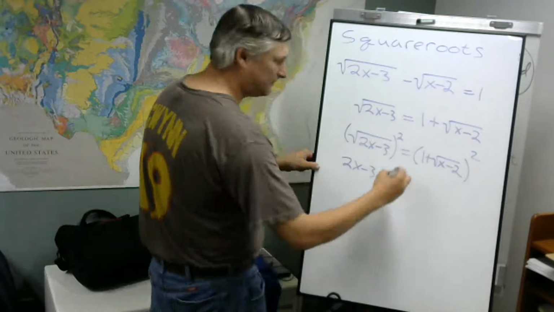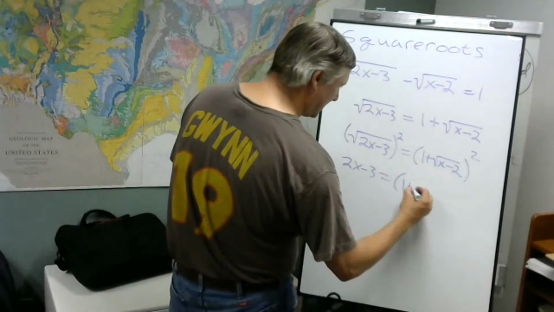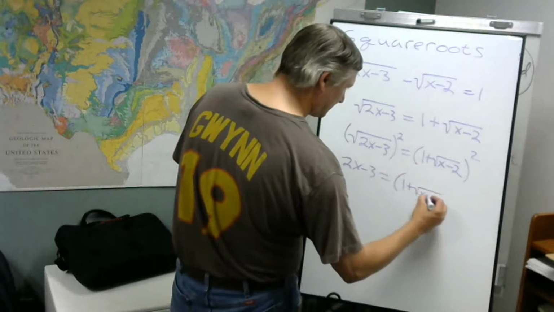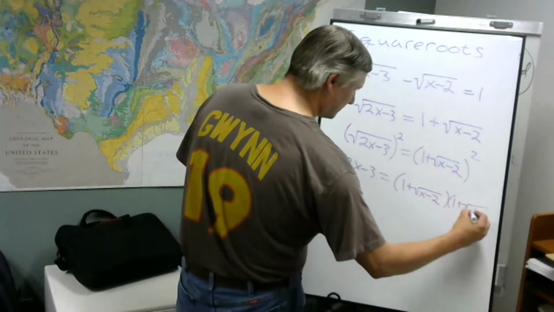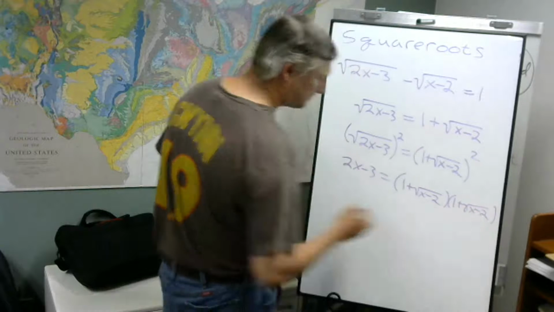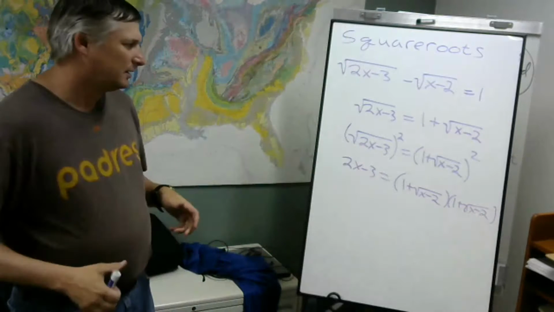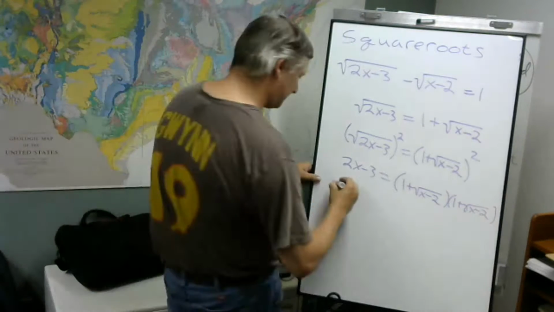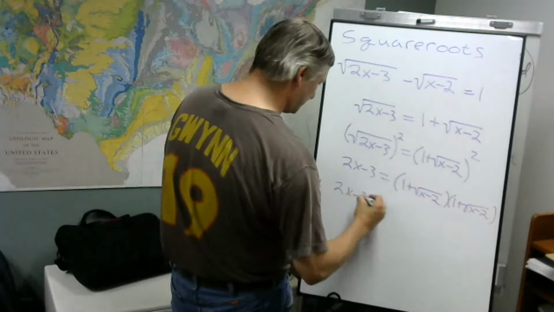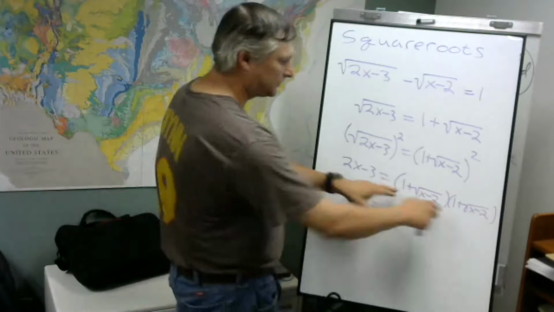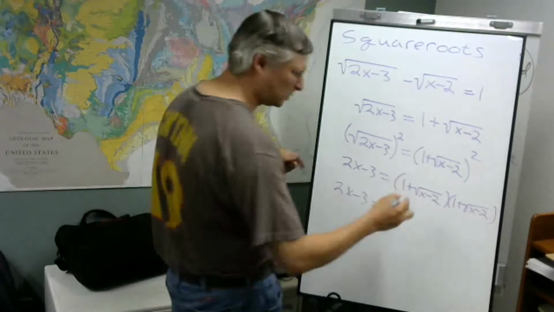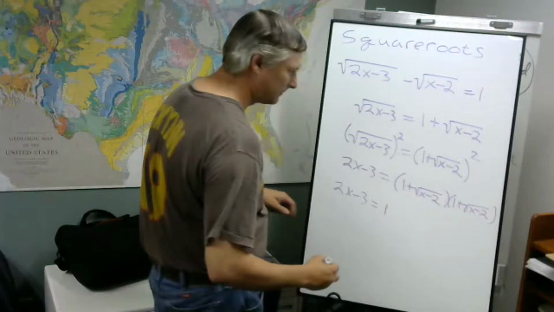But we still need to FOIL this right side. So the way we FOIL, first times first of each binomial, so 1 times 1 is 1.